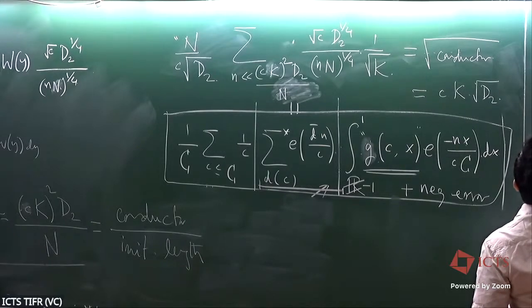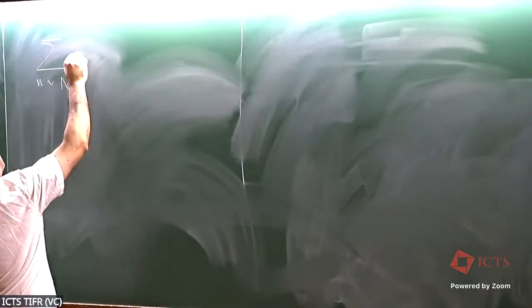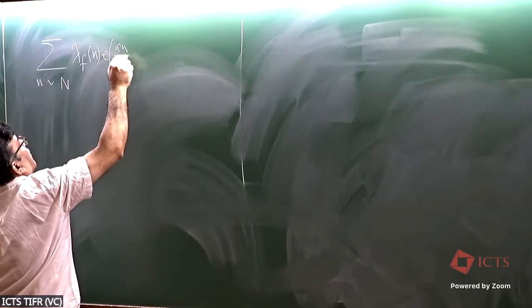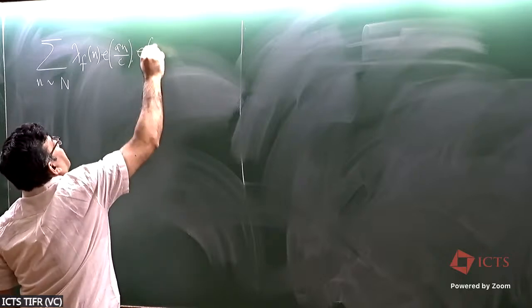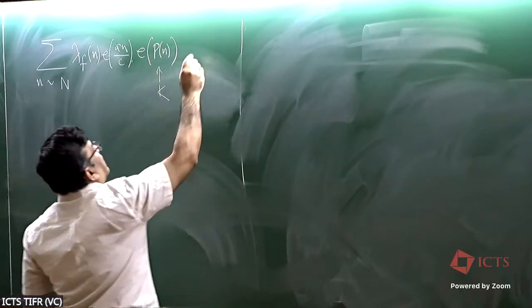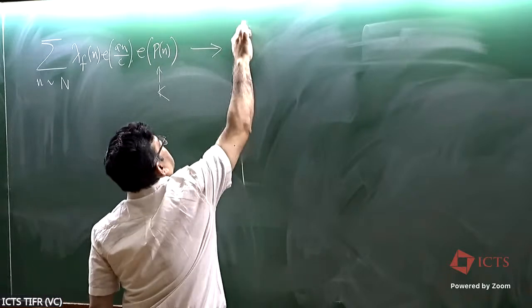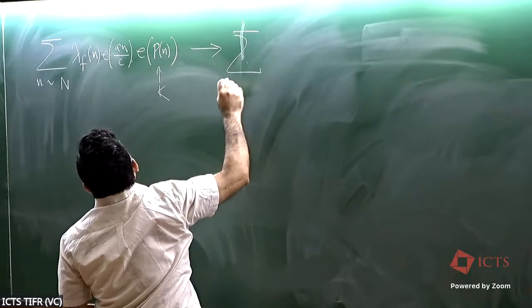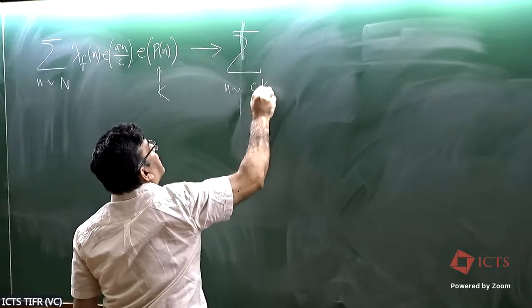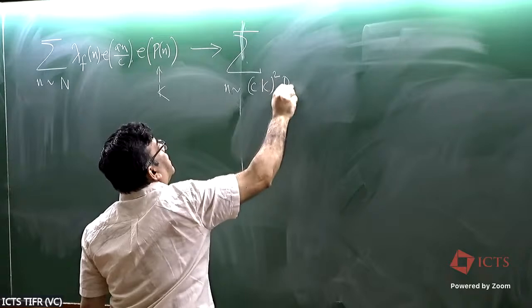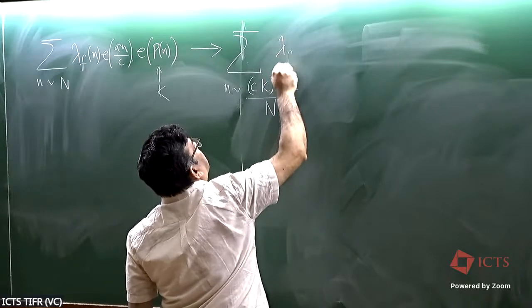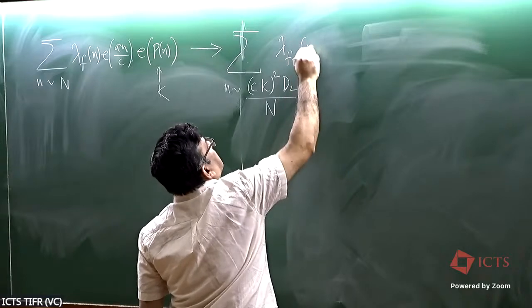It looks like this. So n is of length n, we have lambda f n, E of an by c, and E of p n, and p n is oscillating like k. Then it is just taking us to a formula, to a dual length of size ck square d2 by n. Instead of lambda f n, it is slightly different.